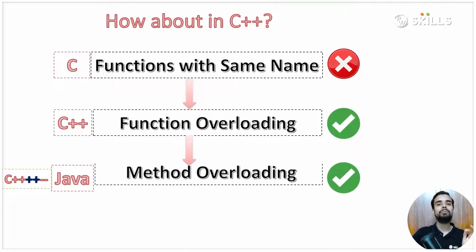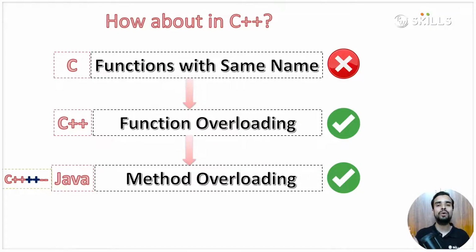It is referred to as method overloading, for reasons that you are already aware of. In simple words, in Java, we can create multiple methods within a class, all having the same name. This process of creating multiple methods within a class, where all of the methods have the same name but differ with respect to their parameter list, is simply referred to as method overloading.